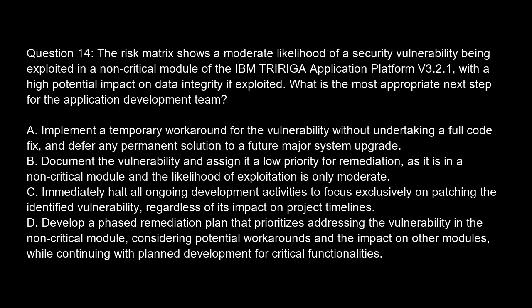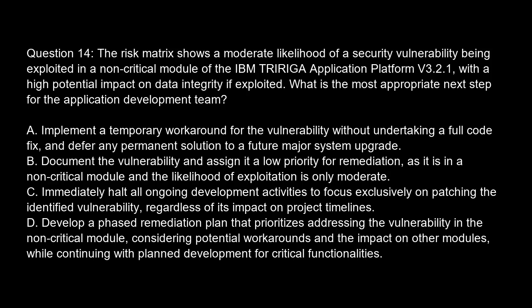Option A. Implement a temporary workaround for the vulnerability without undertaking a full code fix, and defer any permanent solution to a future major system upgrade. Option B. Document the vulnerability and assign it a low priority for remediation, as it is in a non-critical module and the likelihood of exploitation is only moderate.